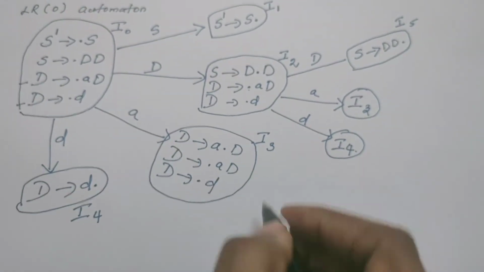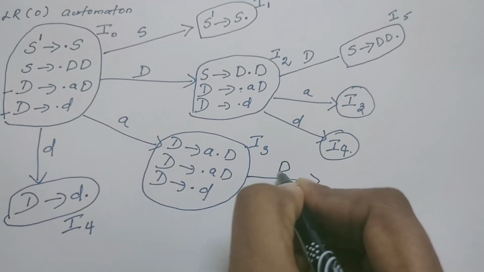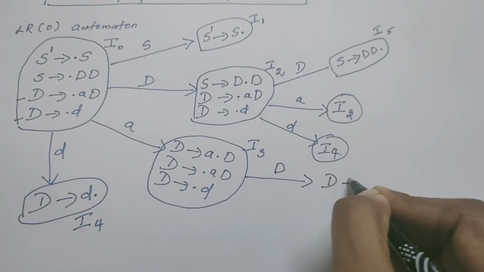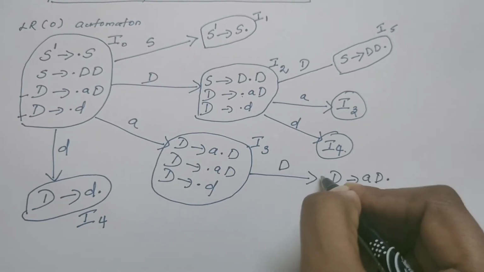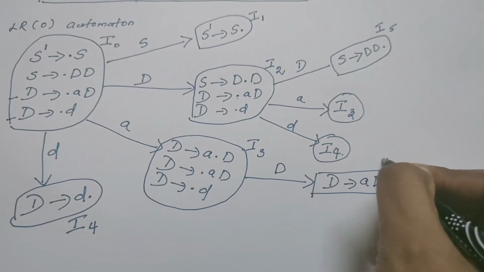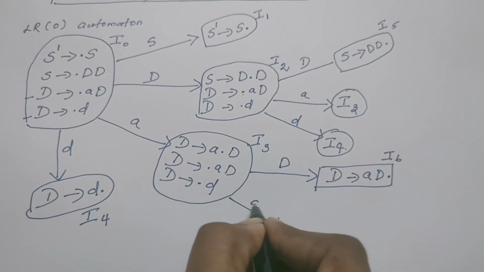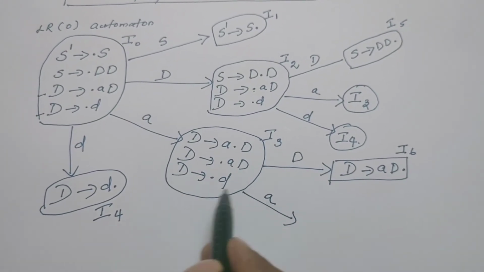Right? Now let's continue from I3. From I3 on reading D, what will happen? The rule will get modified like this. D derives A D dot. The dot is kept at the rightmost end. So further there are no rules to be added. Let us call this state as I6. Now on reading A, what will happen? We will be getting the same set of rules, isn't it?